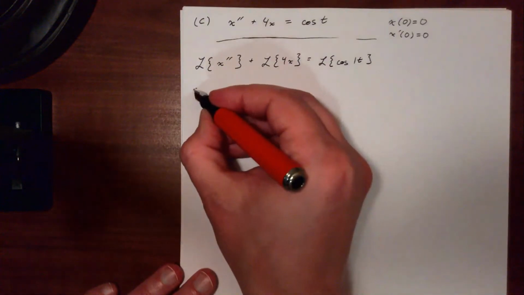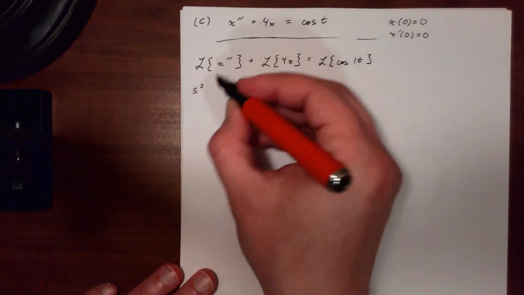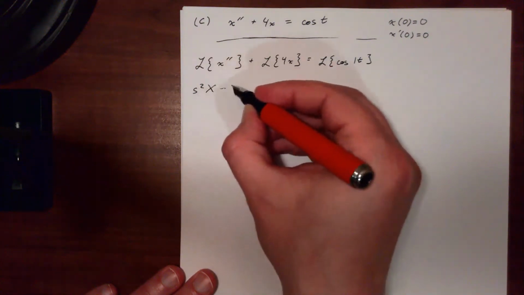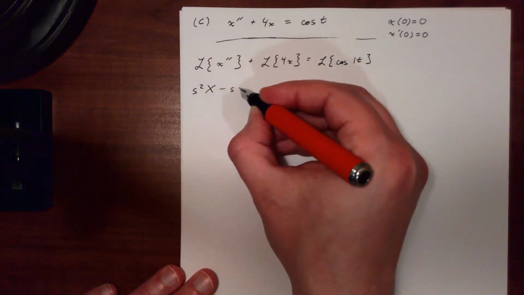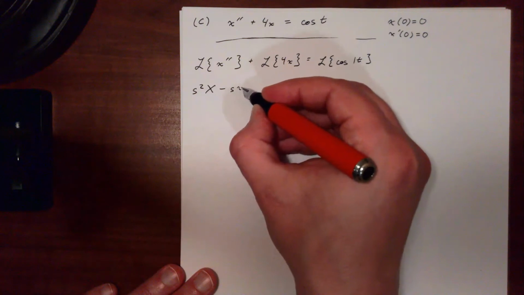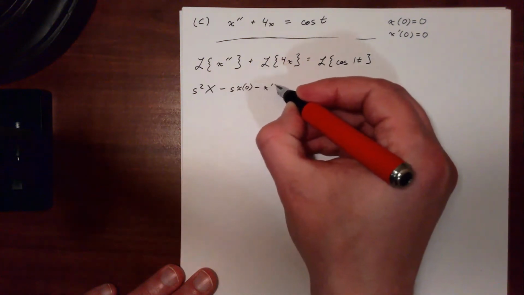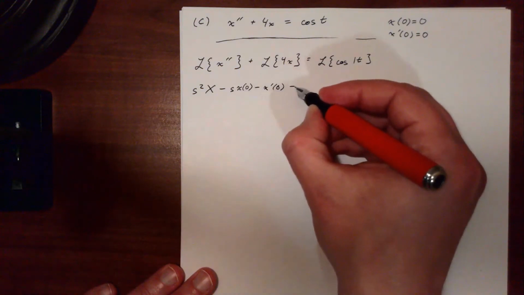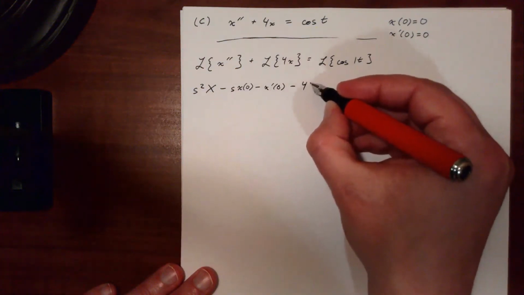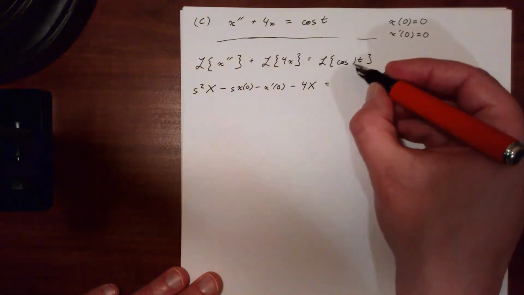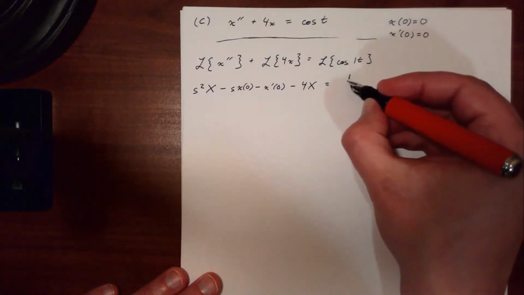And so what we're going to have here, since it's second order, it's going to be s squared X minus, now the s's count down and the x primes count up, so s times x of 0 minus just x prime of 0, plus 4 capital X. And this is going to equal, now here this is cosine, which means we're going to have a k.